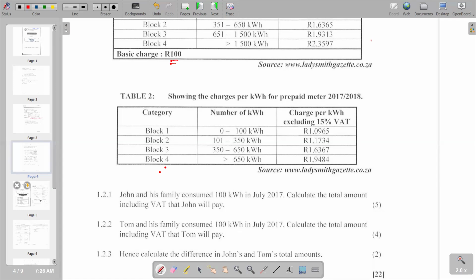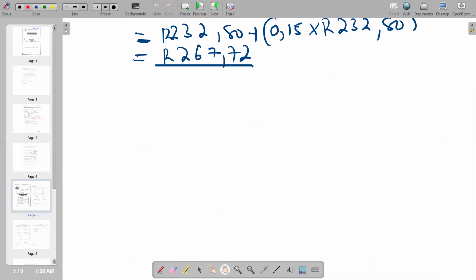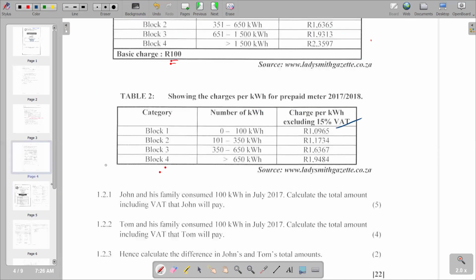So for 1.2.2, we are saying the total amount is equal to 100 kilowatts, and then we multiply by the rate that we are given, which is 1.0965.